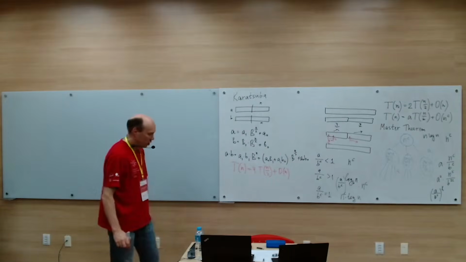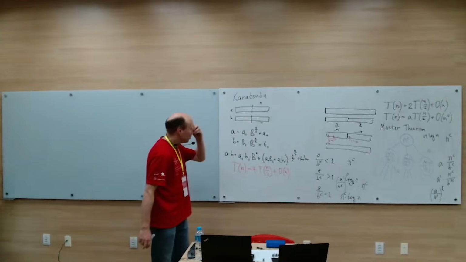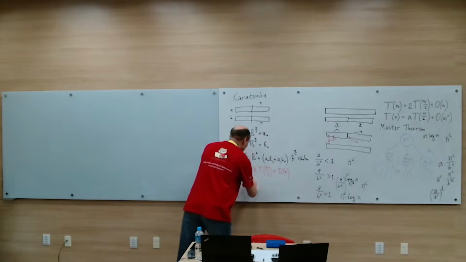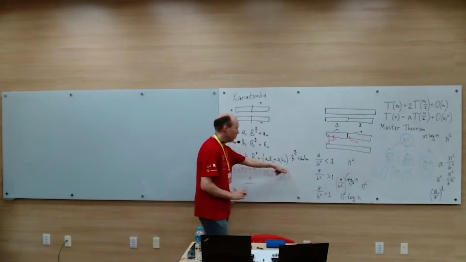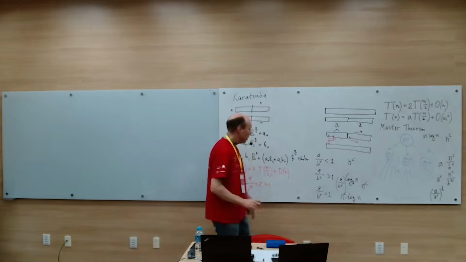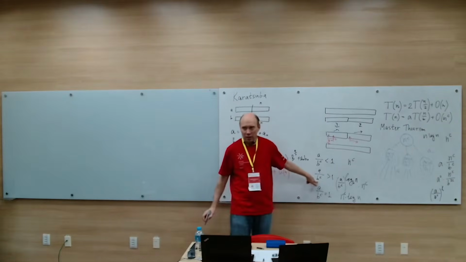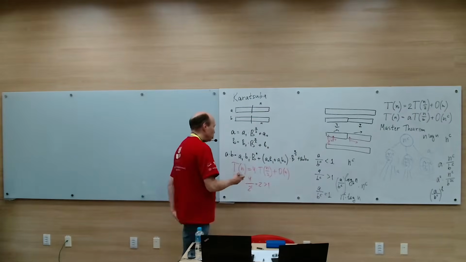Okay, let's see. Our master theorem, what does it say? A, which is 4, divided by b, which is 2, to the power of c, which is 1, is 2, greater than 1. So we're in this case. Let's try to apply this.